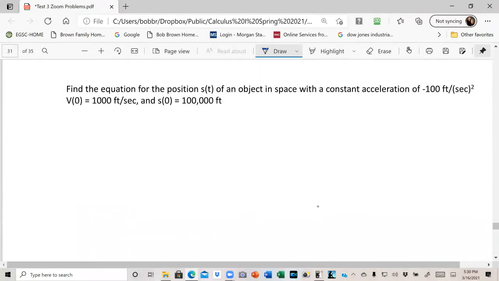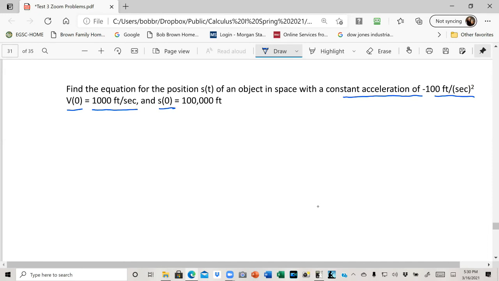Now we're going to do calculus related to the movement of an object in space. It's got a constant acceleration of minus 100 feet per second squared. The initial velocity is 1,000 feet per second, and its initial position is 100,000 feet.